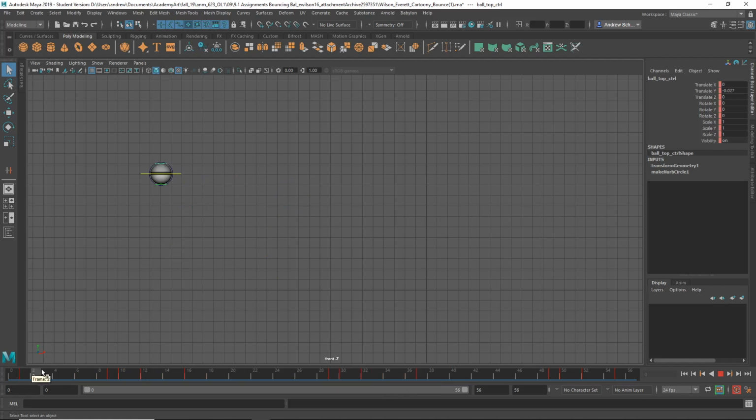So this one, yeah, should be kind of squashed, like stretched like that. Yeah, and then stretched like that.